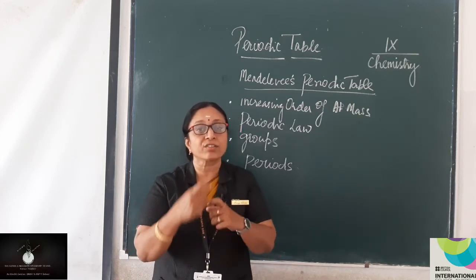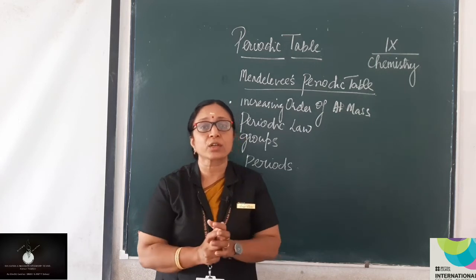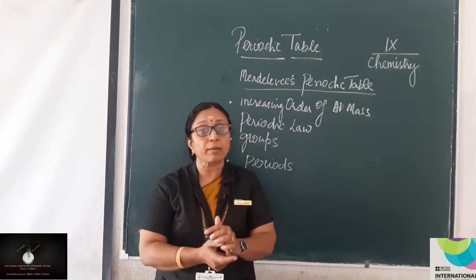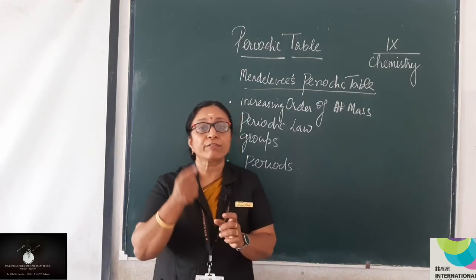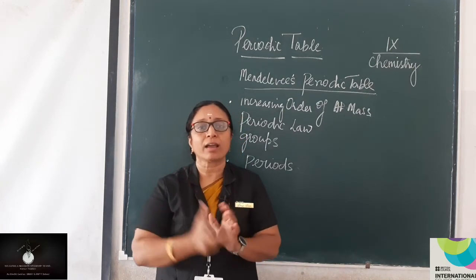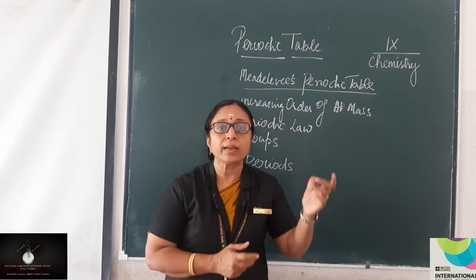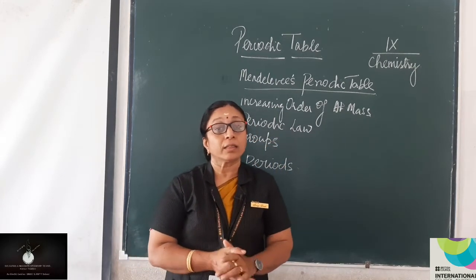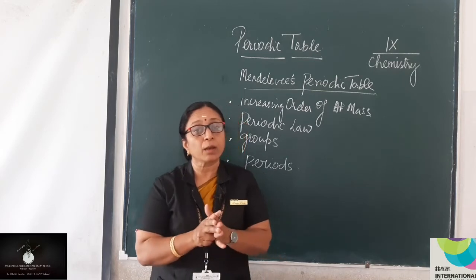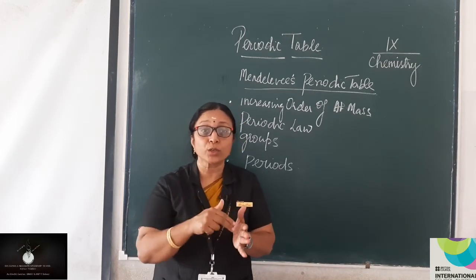So he again studied the atomic structure of beryllium and redetermined, changed the atomic mass of beryllium from 14 to 9. So now beryllium has got a correct position in the periodic table.